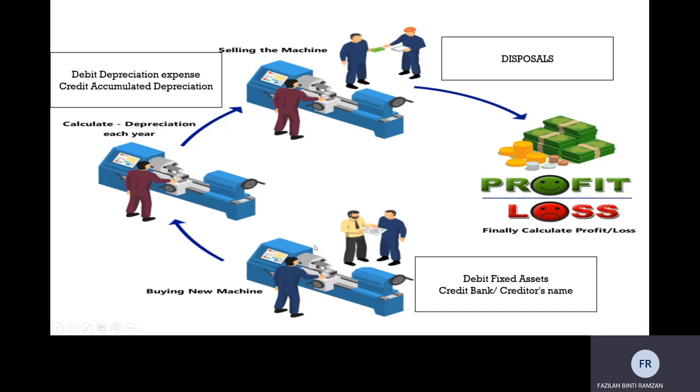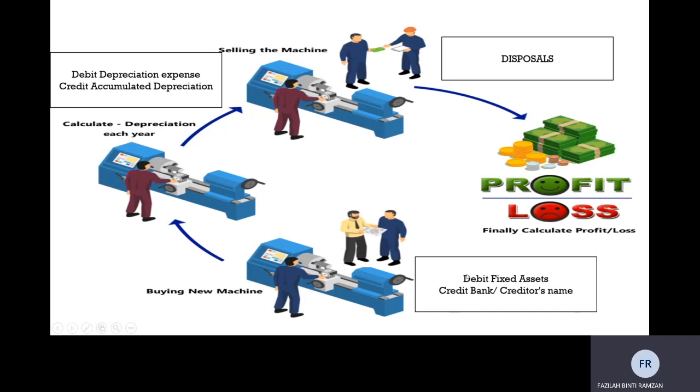Okay, the first part here is a process where the company purchases a new machine. They purchase a new machine, so we have to record this purchase. It will be debit fixed asset, credit bank if you use a check to pay for the fixed asset, or if it is on a credit basis, you buy from someone on credit, so you have to credit the creditor's name.